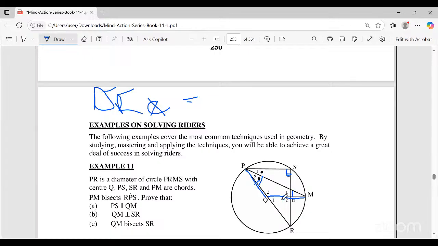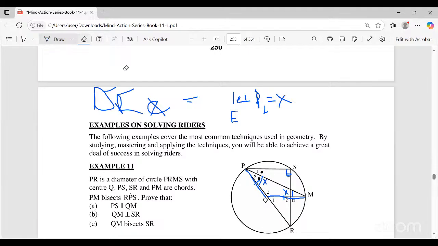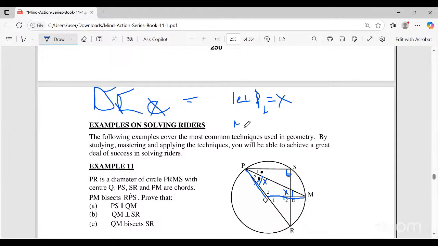So now what you can do, you can let that angle P2 right there be X. If this angle is X, that angle there also will be X. Therefore, we're going to say angle M1 is equal to X is equal to that angle P2 right there.